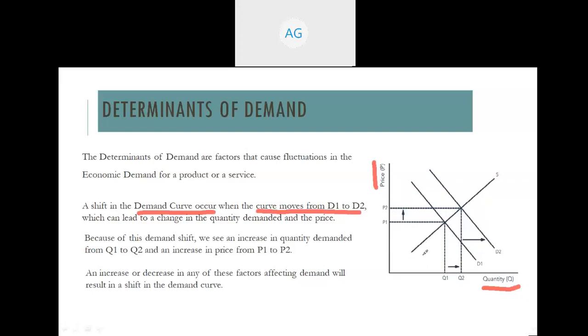At point P1 and Q1, which denote the price and quantity at a particular instant, demand is D1.